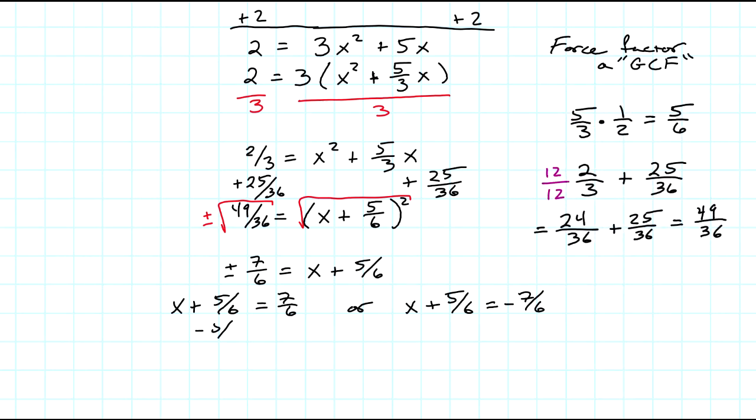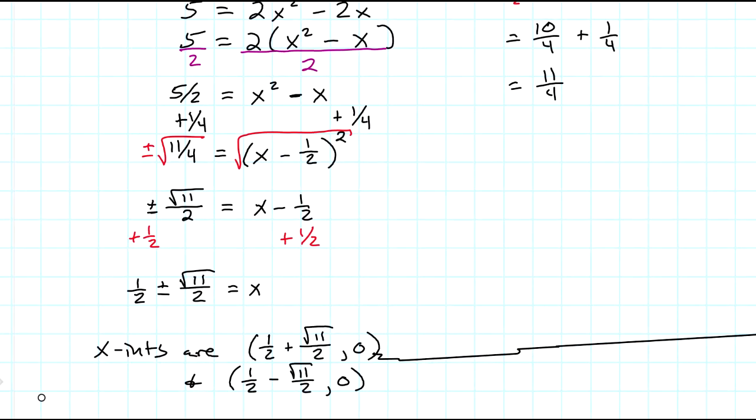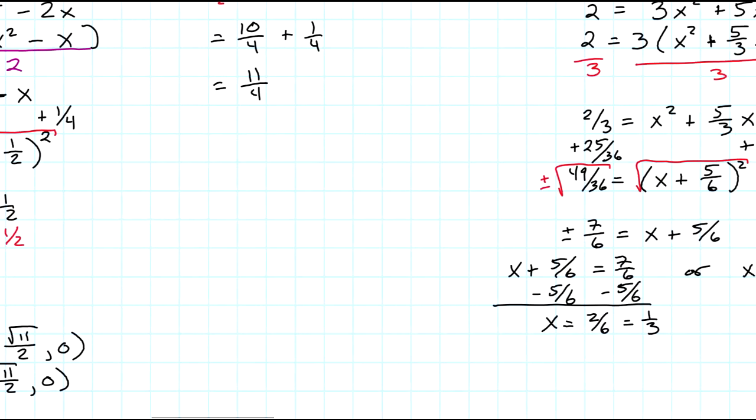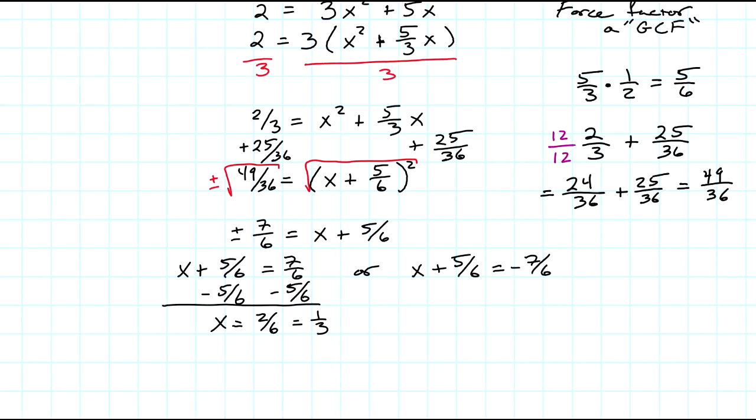Now we can subtract the 5/6 off of both sides and get x equals 2/6, which reduces to 1/3, or, whoa, screen went crazy. Sorry about that. Subtract 5/6 from both sides of the second equation.